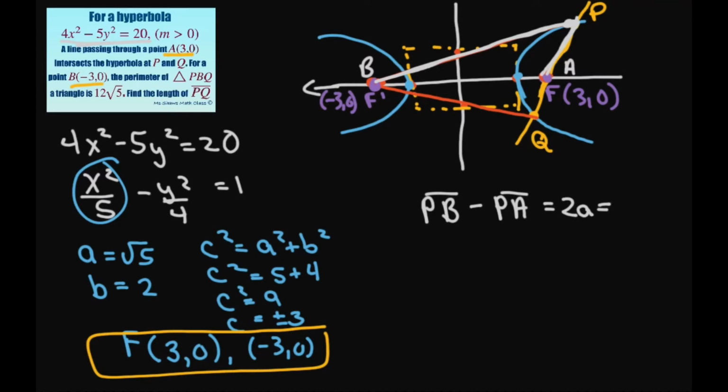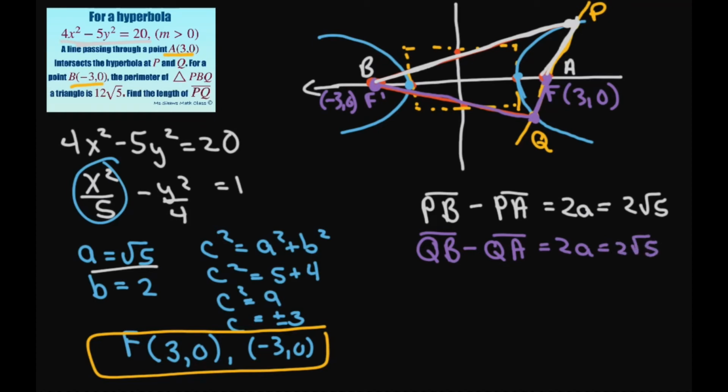My a is square root of 5, so that's going to be 2 square root of 5. Same thing for this one. This length here, QB minus QA, is also 2a, which also equals 2 square root of 5.